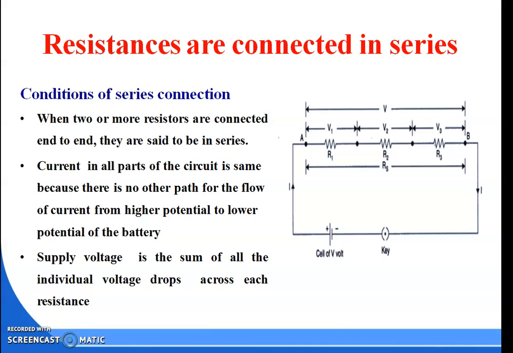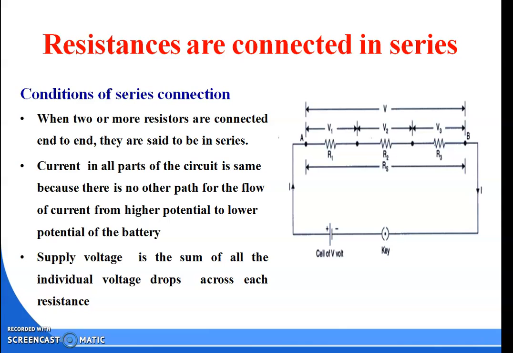That we will study later. So current in all the parts of the circuit is the same. Why? Because there is no other path for the flow of current from higher potential to lower potential of the battery. That means the same current will flow through all the components in the circuit, in case of series connection only.